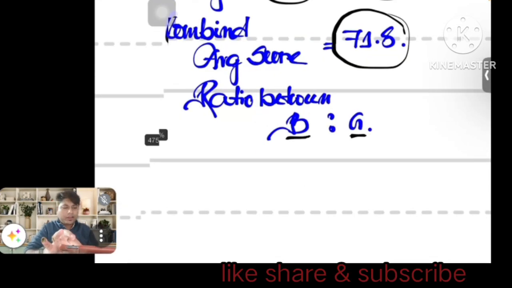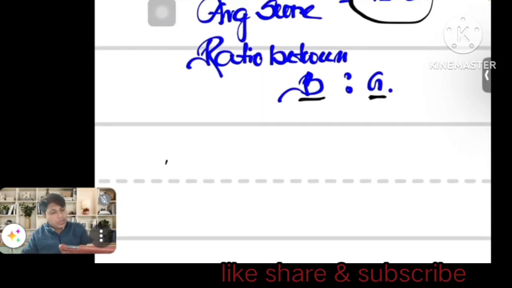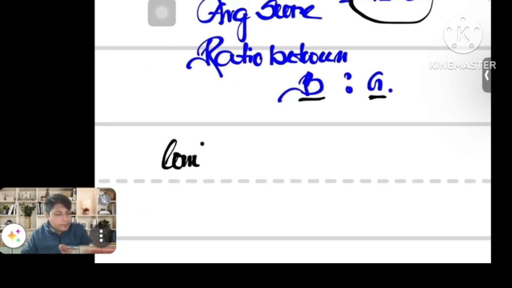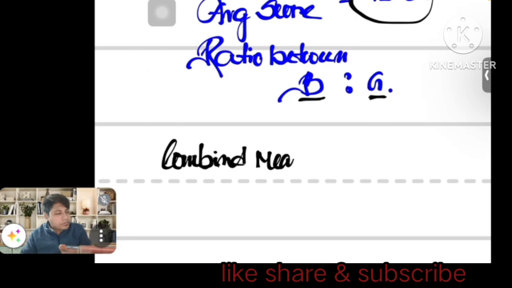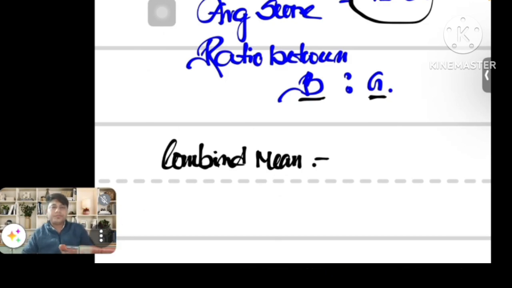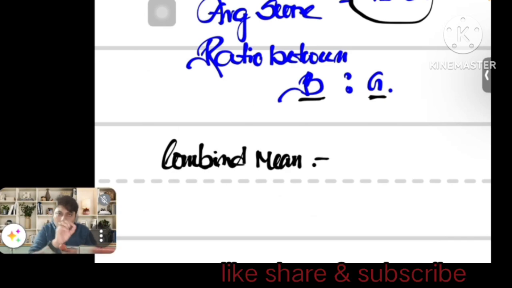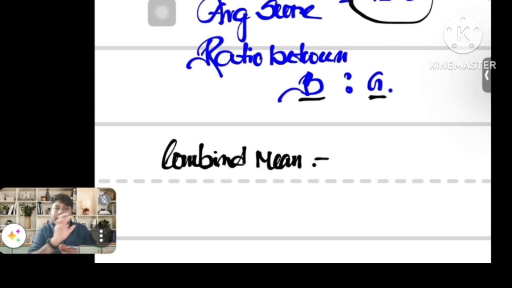Let me clarify the one formula for combined mean. Combined mean is equal to, let me consider there are two different numbers. Boys is N1 and girls are N2, right?